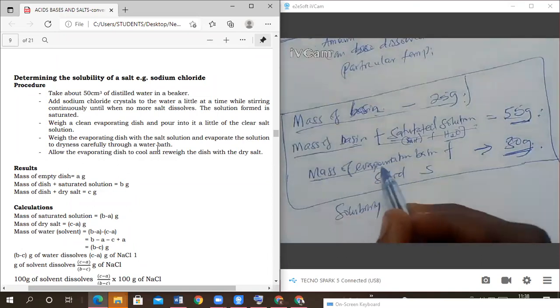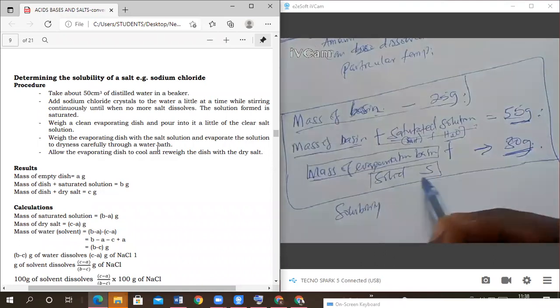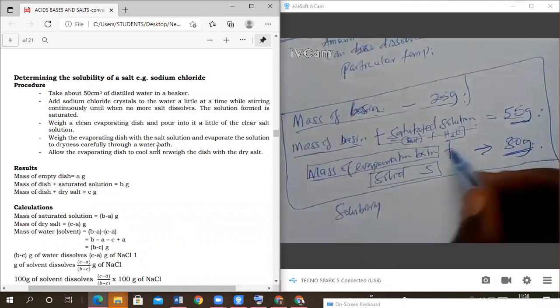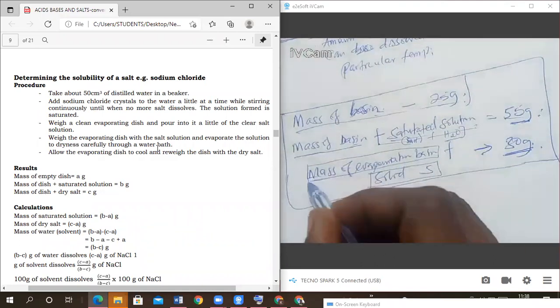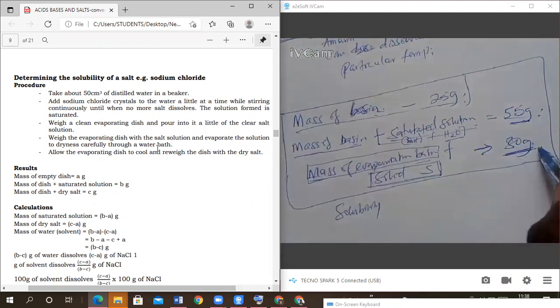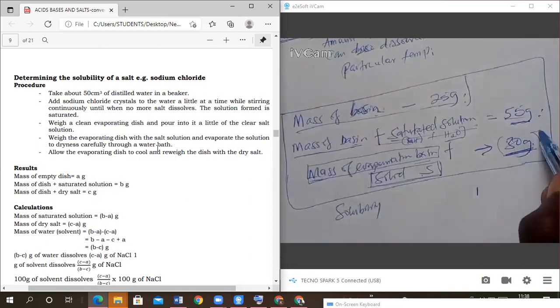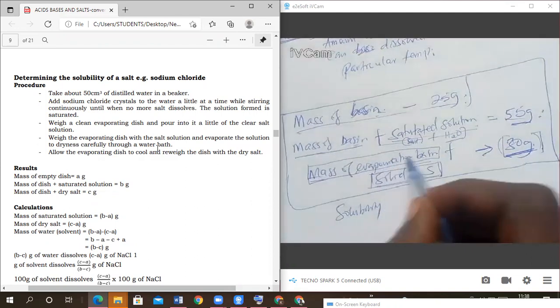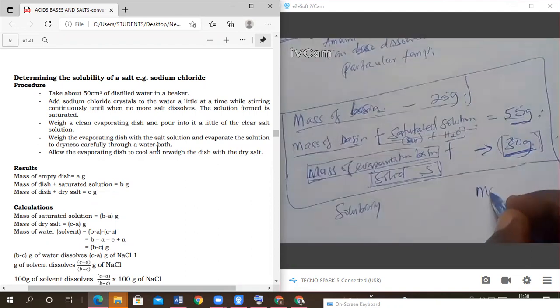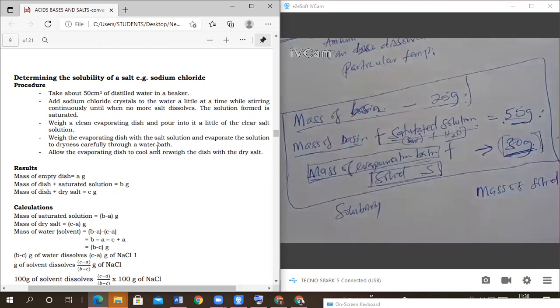We have the mass of the evaporating basin and the solid S. If you subtract from this total mass the mass of the basin, you'll be getting the mass of the solid that was there in the saturated solution.